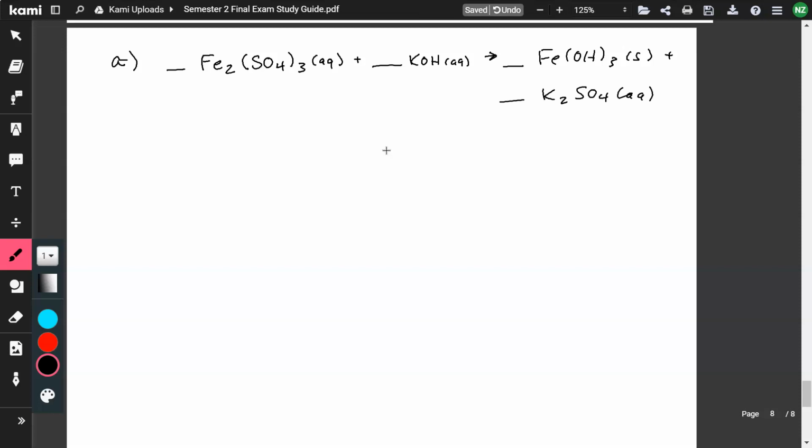Okay, so it asks us to write the molecular equation, the net ionic equation, and then to identify spectator ions. So molecular equation is basically just a balanced chemical reaction.